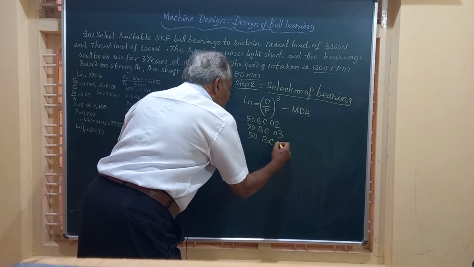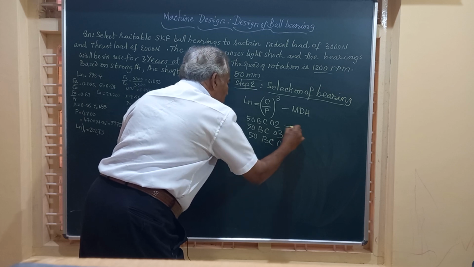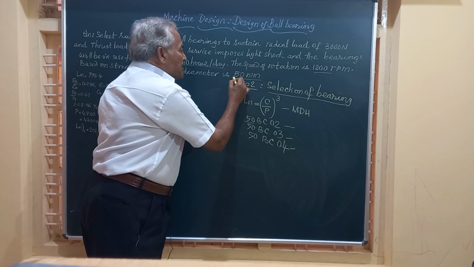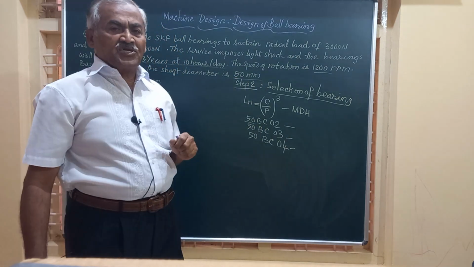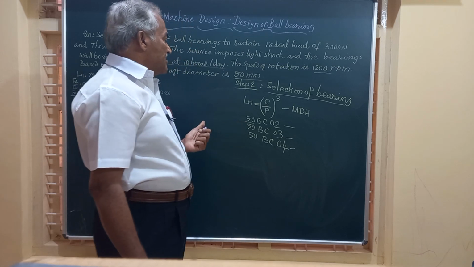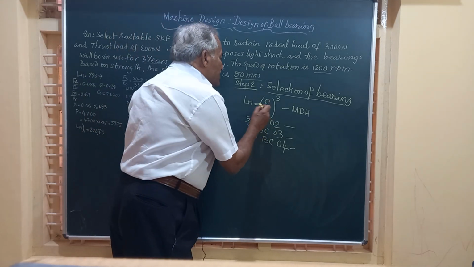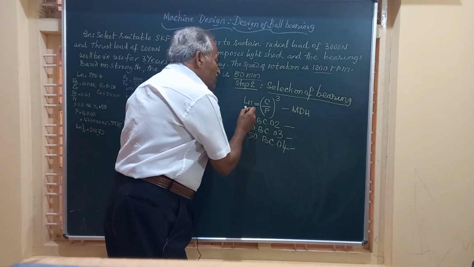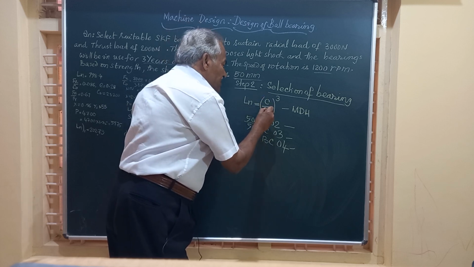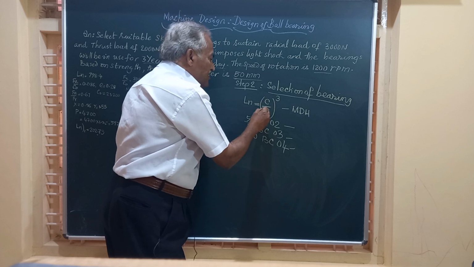We have the choice to select any one of these 3 bearings. This 50 indicates the diameter of the shaft that is given in the question. Friends, we make use of this formula. To make use of this formula, we should know C, we should know P. I will tell you what these terms stand for.